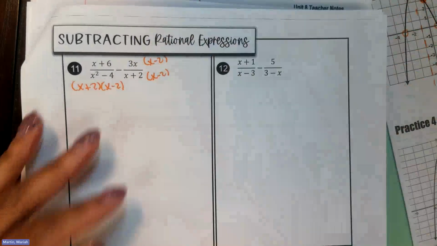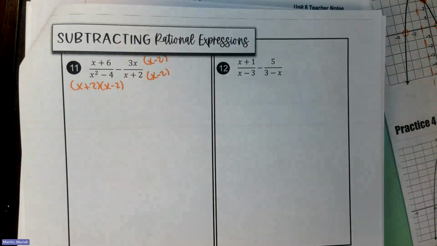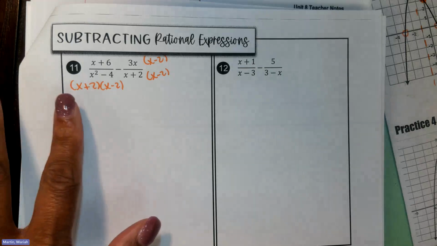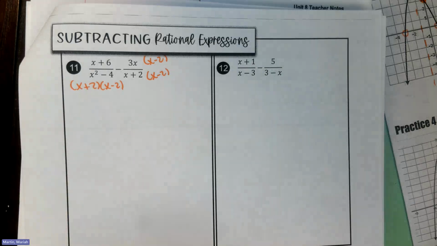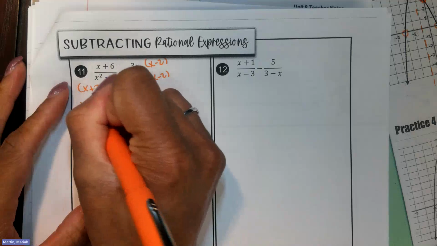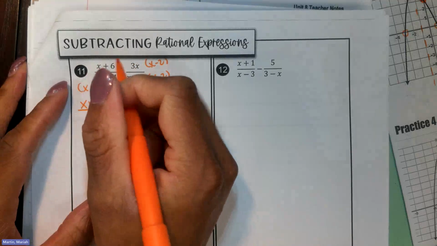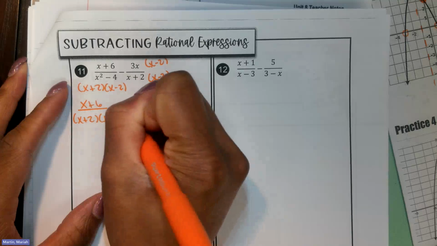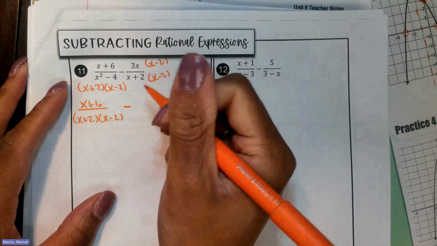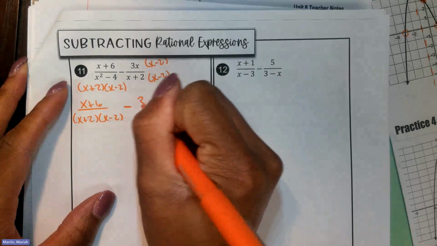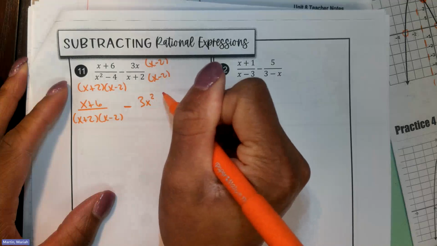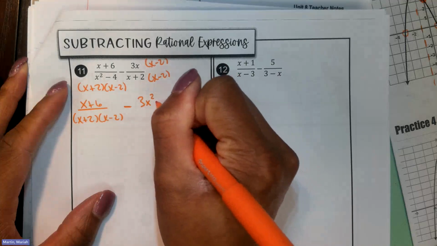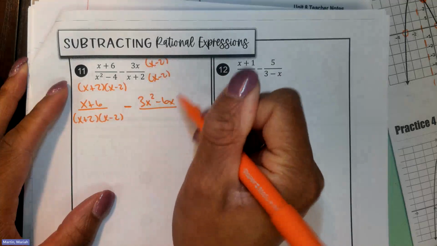And I must do that to the top and the bottom. I don't need to do anything to the other side because it already has an x plus 2. So now I have x plus 6 all over x plus 2, x minus 2, subtracting, distribute, I have 3x squared minus 6x all over the same answer.